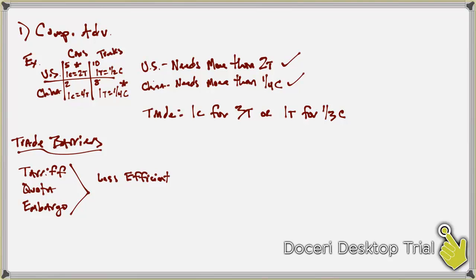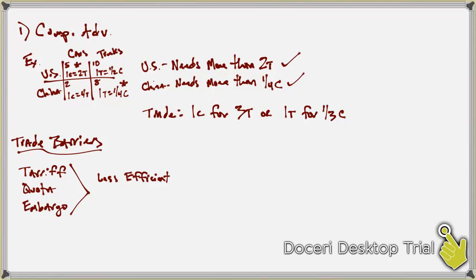As soon as we implement trade barriers, like a tariff or a quota, okay, now maybe there's a country out there that has a comparative advantage in coffee, let's say, but now we've got to pay extra to import that because of the tariff. And so now maybe it's not worth it for us to buy the coffee from that other country because of that tariff.